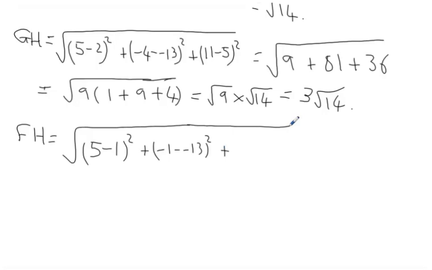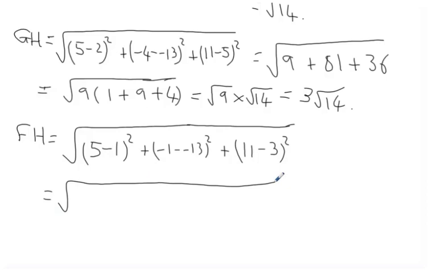For the z's, you've got a 3 and an 11, so we'll call that 11 minus 3 squared. Remember, we can interchange these because we're just looking at the distance between them and we're going to square it anyway. So that gives us the square root of 5 minus 1 is 4, 4 squared is 16, plus minus 1 minus 13, it's the same as minus 1 plus 13, which is the same as 13 minus 1, which is 12, 12 squared, 144, plus 11 minus 3 is 8, 8 squared is 64.